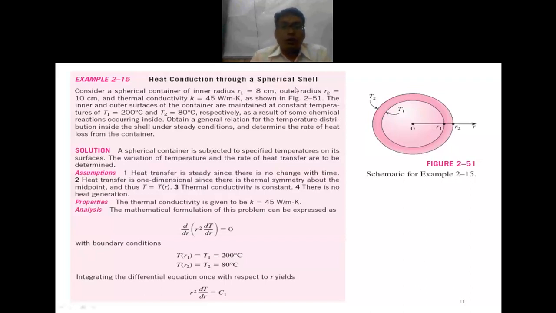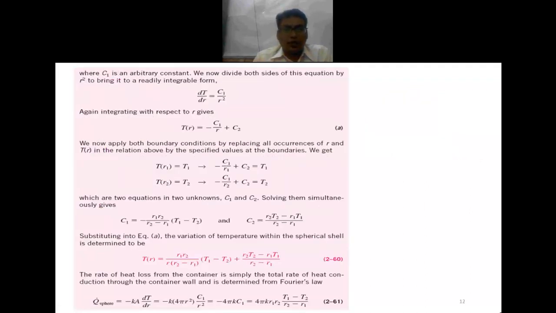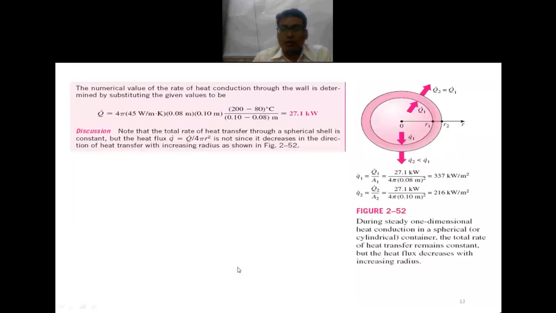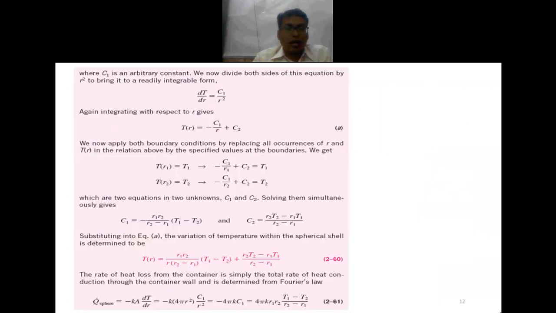So the numerical is the same type, that is you have to obtain the general equation and calculate the rate of heat loss, which is calculated by using the Fourier law.